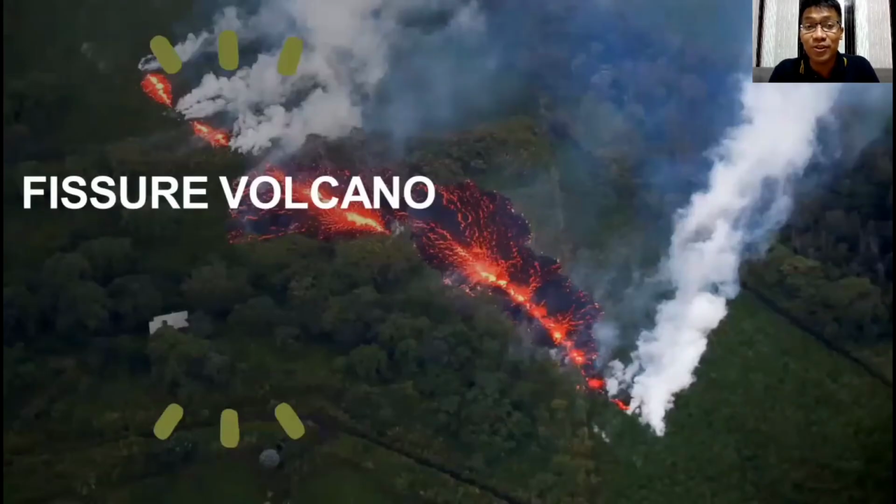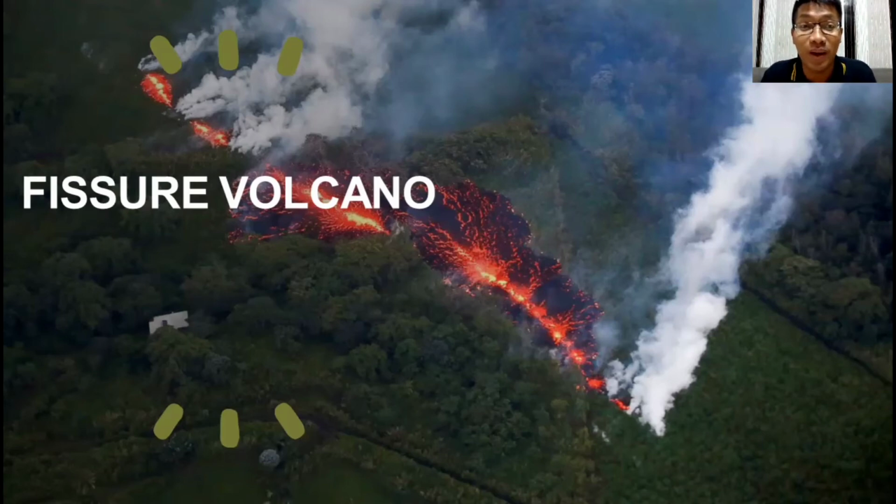Third geologic feature is the fissure volcano. We define volcano again as a structure that releases magma or contains magma. So it doesn't mean na para matawag natin ang isang structure na volcano ay kailangan mataas ito. There is a type of volcano which has no elevated structure, but it is releasing magma, and this is what we call fissure volcano.